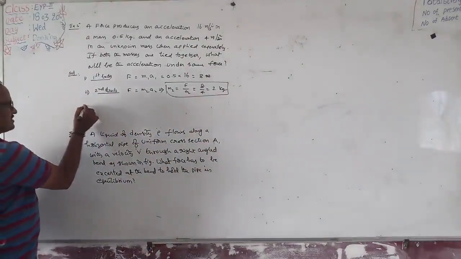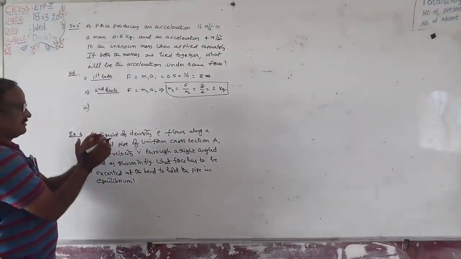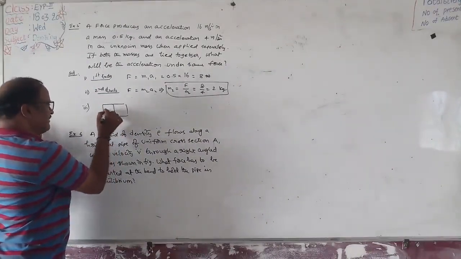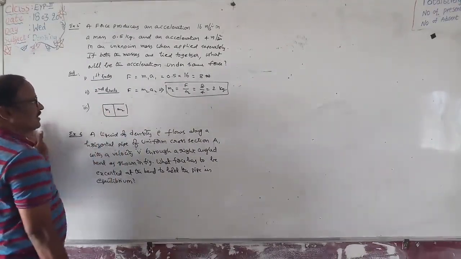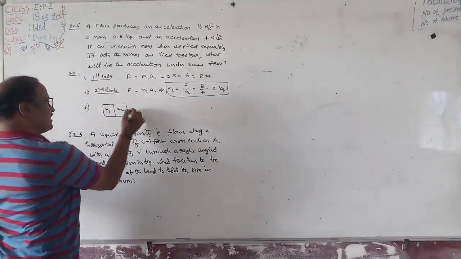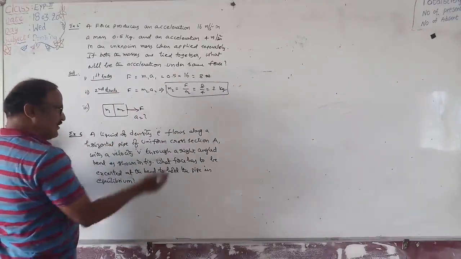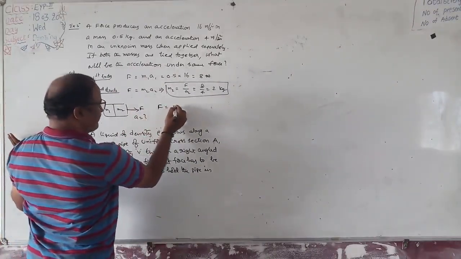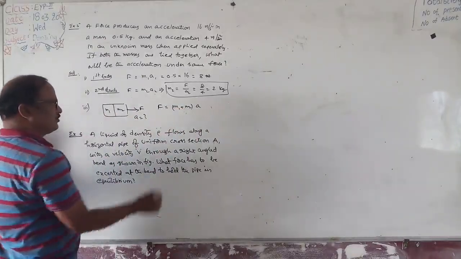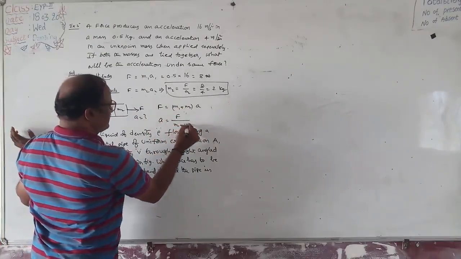Next, in the third case, when the two bodies are tied together, this is the case. First body m1, second body m2, and what will be the acceleration under the same force? Here also we are applying the same force. Then find the acceleration A. From Newton's second law, F equals m1 plus m2 into A, or A is equal to F by m1 plus m2.